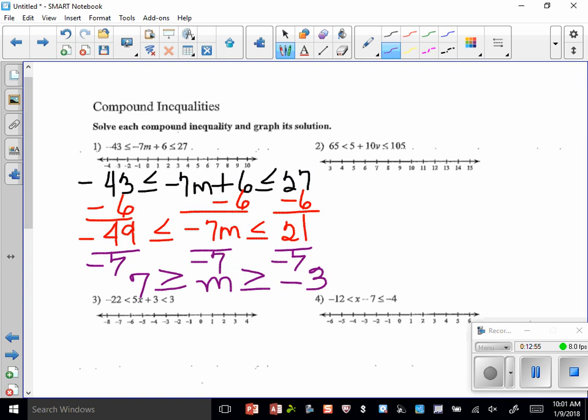Now, recall I said for set builder notation, you need to have your numbers in order from least to greatest. So that means I have to flip again, because when I go from least to greatest, all my symbols should be less than symbols. So I'm going to write the negative 3 first. It's less than or equal to m, which is less than or equal to 7.